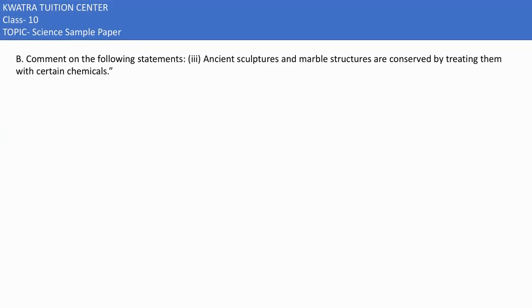Now in the third part they are saying ancient sculptures and marble structures are conserved by treating them with certain chemicals. Like जैसे पुरानी चीज़ें हैं हमारे पास, स्कल्पचर्स वगैरह हैं, मार्बल के हो चाहे एशियंट हो, so why are they actually treated with certain chemicals? Because they need to be protected from the effects of certain gases. We know there are many gases present around us. So if you want to protect from them, you need what?